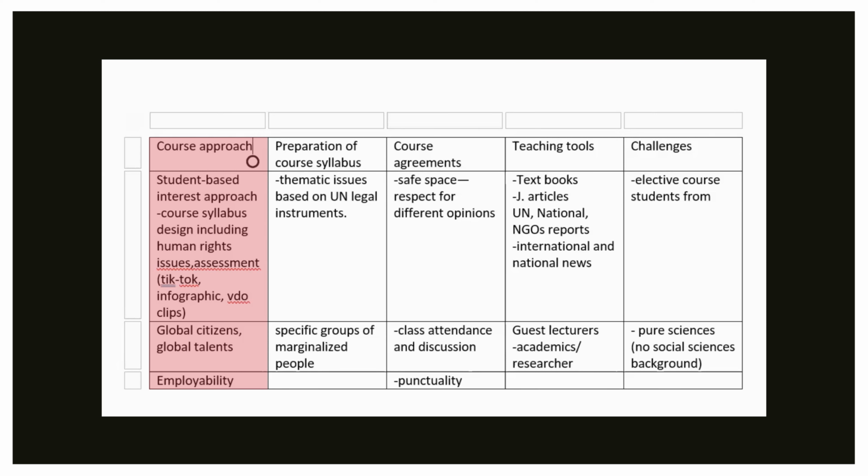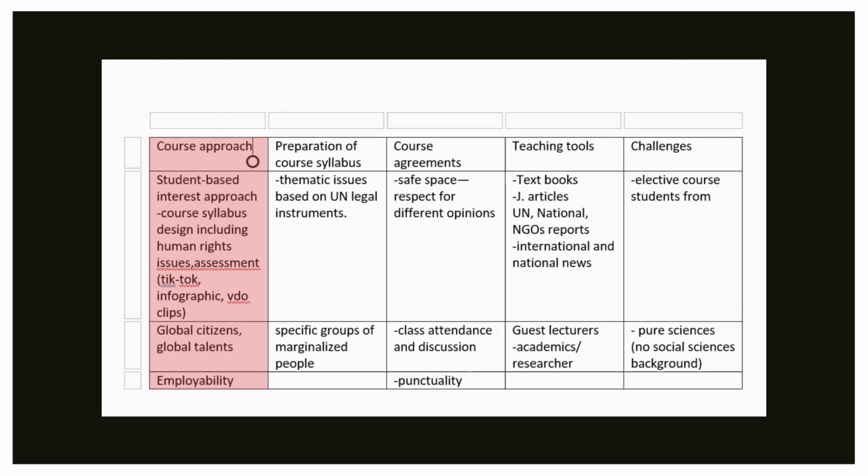And then another one is employability, as many students who take this course expect that they can really apply it, and put this course in their profile and work.